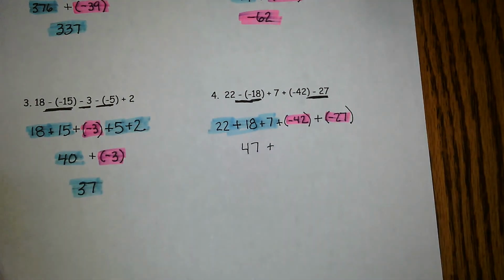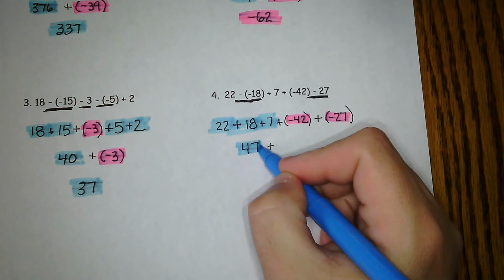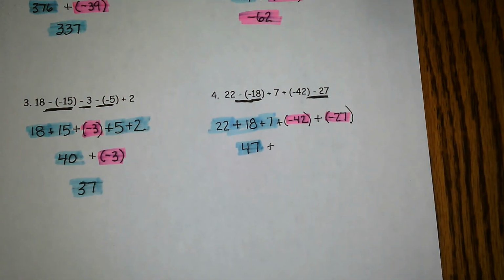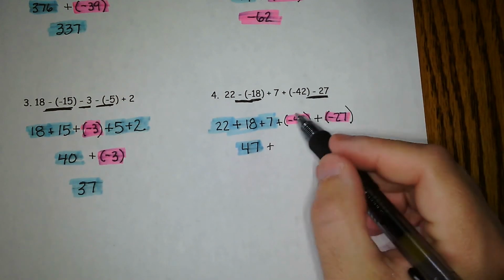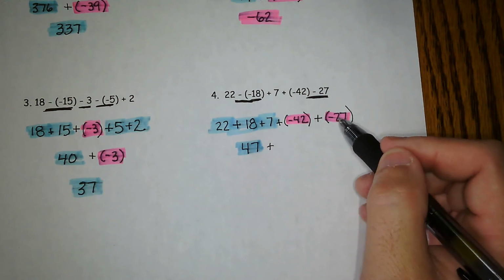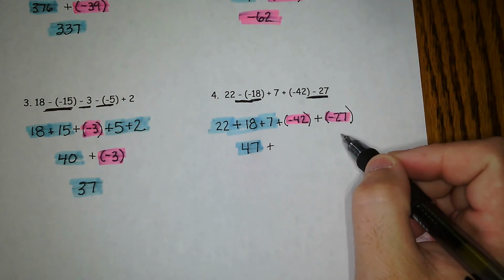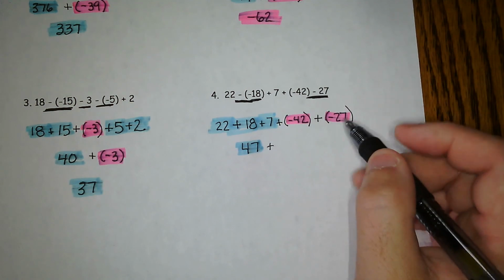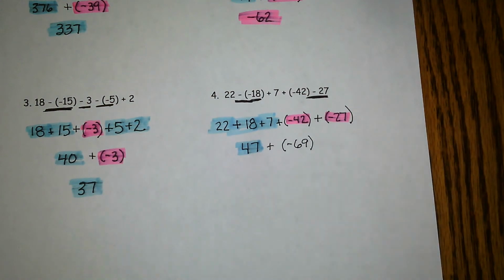And then we need to add our negatives up. And with our negatives, if you find it easier to add 30, you can take 42 plus 30. That's 72. And then what you need to do is take 3 away because you added too much. So 72 minus 3, 69. That's going to go in the negatives.